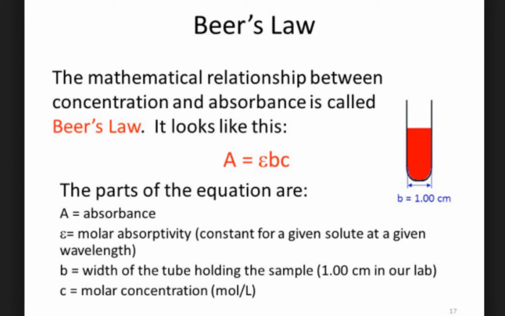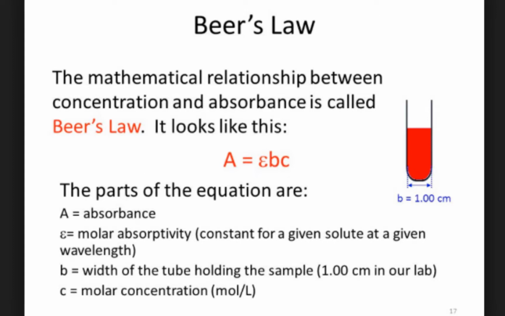So the way we use it in the chemistry lab is we always use the same width of the tube. And then as long as you're always measuring the same thing, like copper chloride solution, then the E is the same. So it's a fancy way of saying that absorbance is proportional to concentration. We do this with the visible and UV light spectrum.